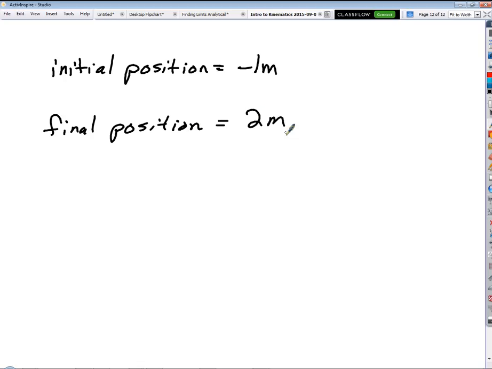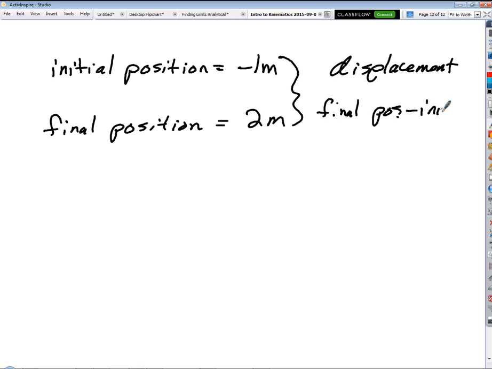Well, if I want to talk about how much my position changed, I call that quantity displacement. Can anybody tell me what my displacement was for that trip? 3 meters. Positive 3. Good, because displacement is just going to be my final position minus initial position, right?